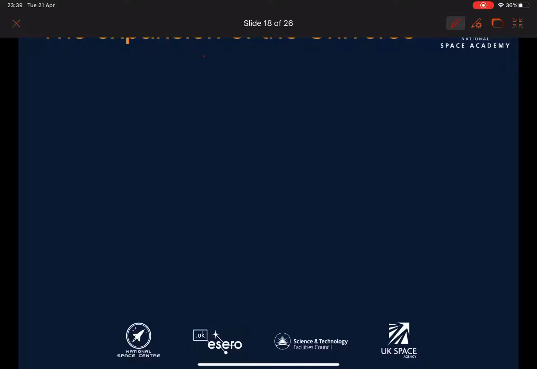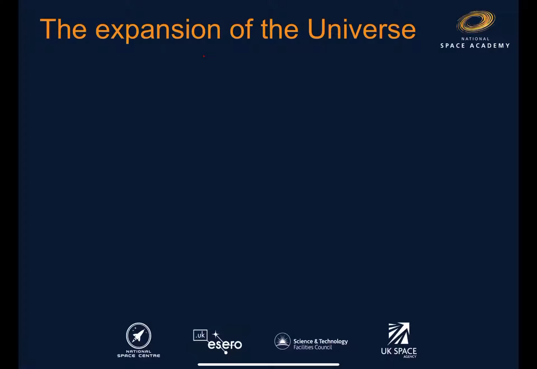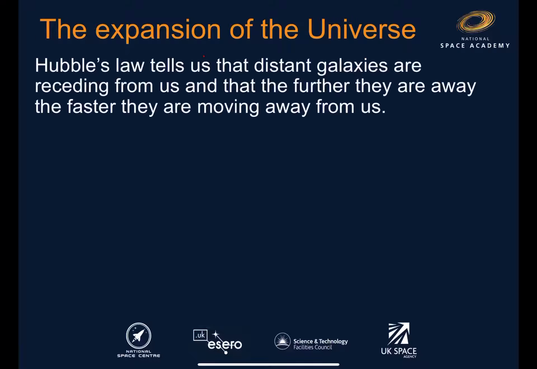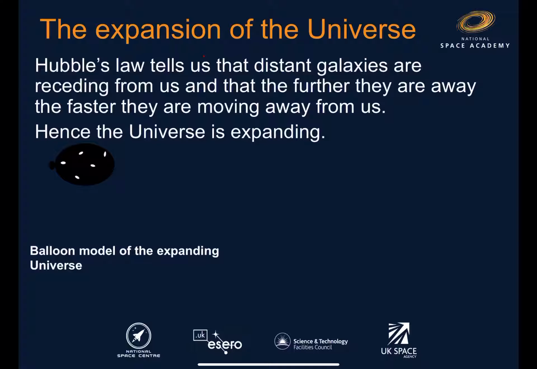The expansion of the universe. So Hubble's law tells us galaxies are moving away. It also tells us that they move faster the further away they are. That means the universe is expanding.